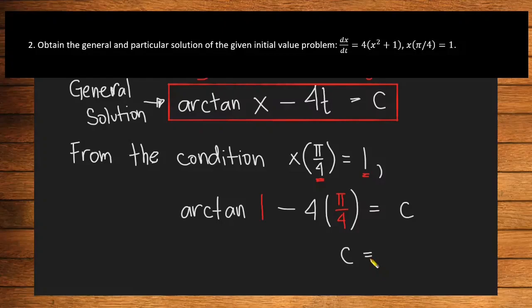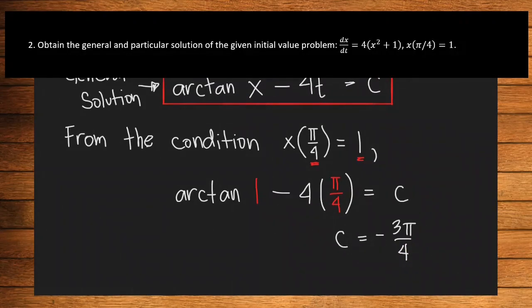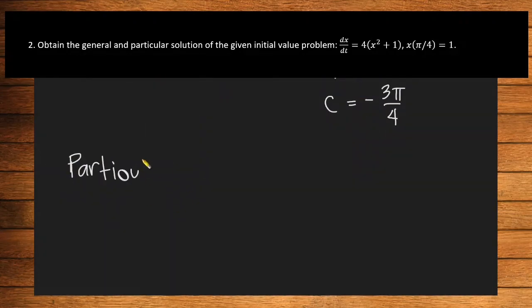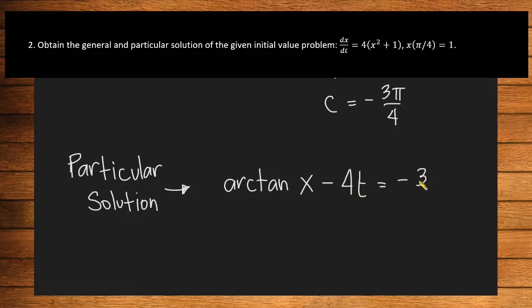So make sure na naka-read yan yung calculator nyo. So our arbitrary constant will be equal to negative 3 pi over 4. So therefore, our particular solution will now be arctan of x minus 4t equal to negative 3 pi over 4. Okay?